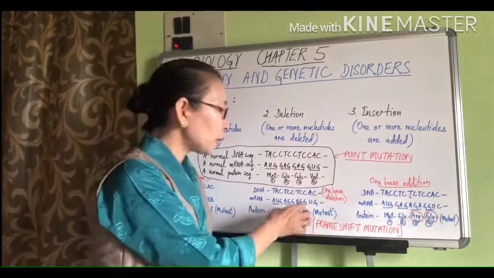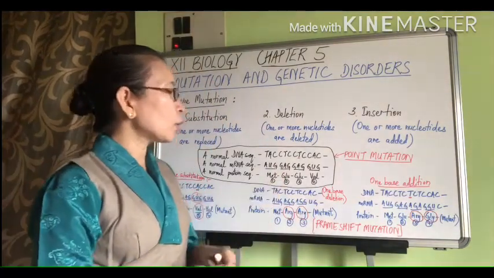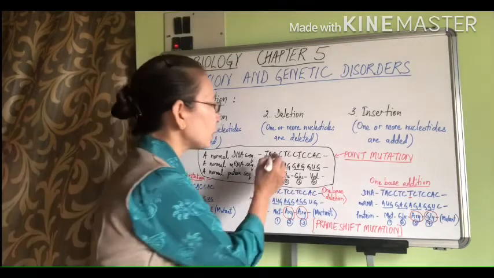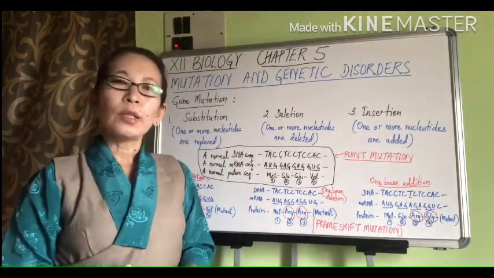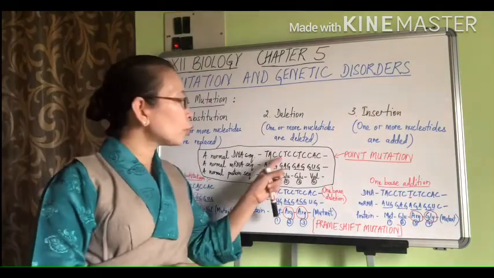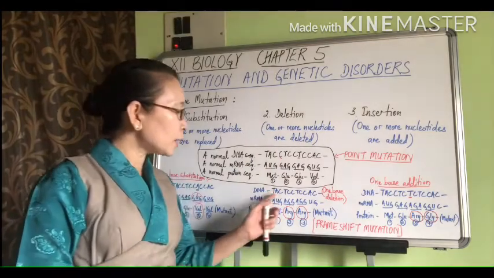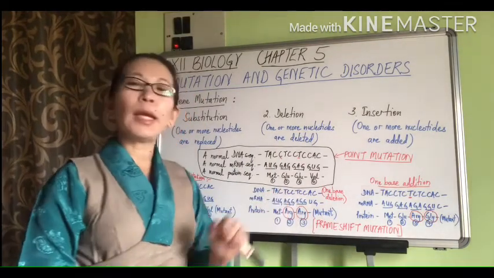Likewise, let me give you an example of one base deletion. So in this case, what I've done is I have deleted this. Now if we have a deletion of the fourth nucleotide, then the DNA sequence would read as TAC, TCC, TCC, AC.